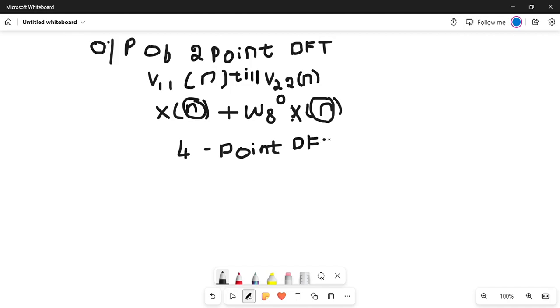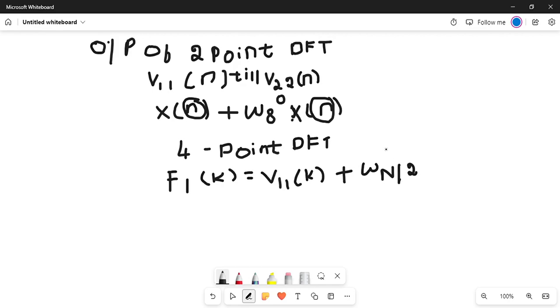We have learned how to solve the 8-point DFT, how to solve the 4-point DFT, and what basic equation you need to solve all of these. So the basic equation for the 4-point DFT will be F1 of k is equal to V11 of k plus omega N to the power of N by 2, whole to the power of k, into V12 of k. This is what is required.